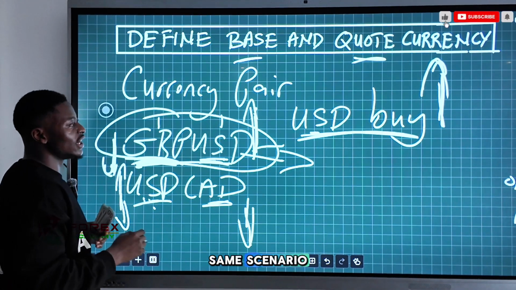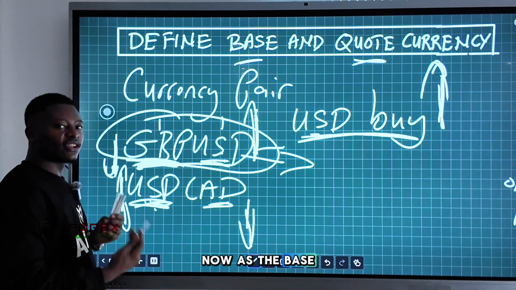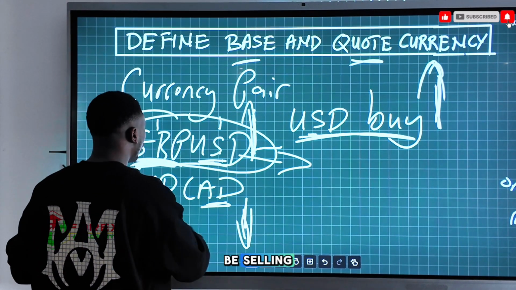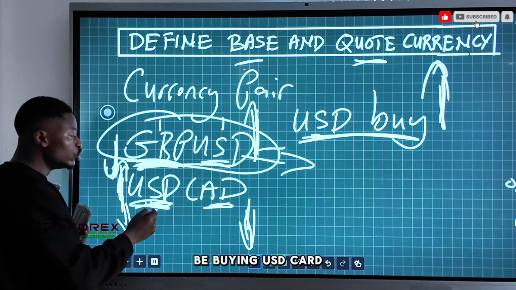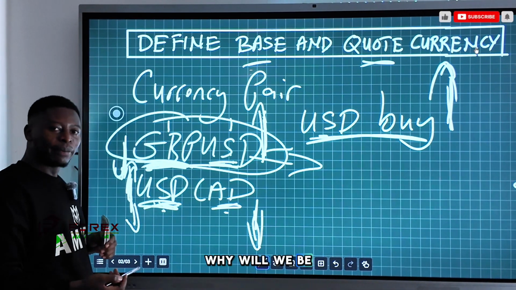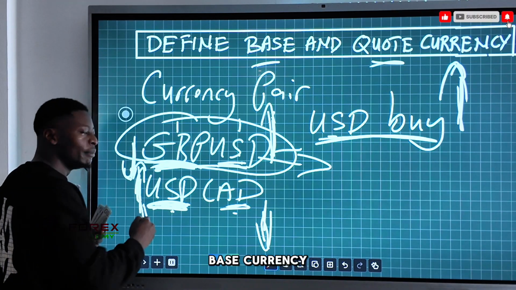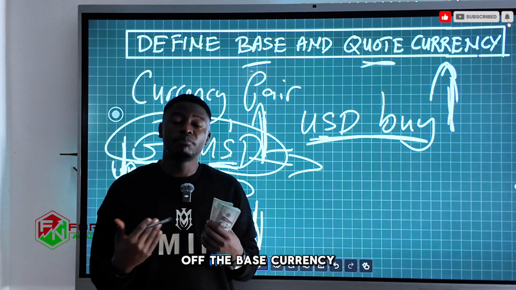We come here, the same scenario, USD is still buying, but at this point we have USD as the base currency. USD is buying, CAD will be selling. What are we going to do on USD CAD? We are going to be buying USD CAD. Why would we be buying USD CAD? Because USD is buying and USD is the base currency. The chart moves based off the base currency.